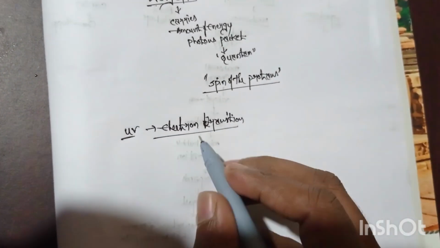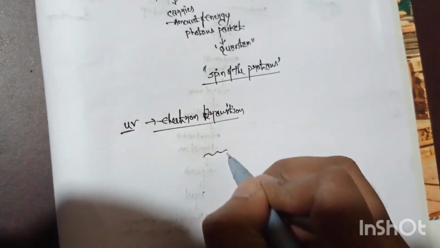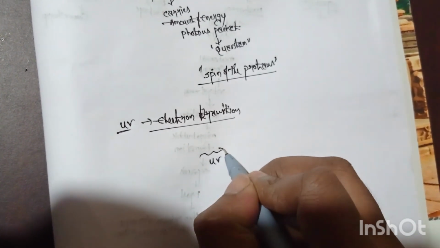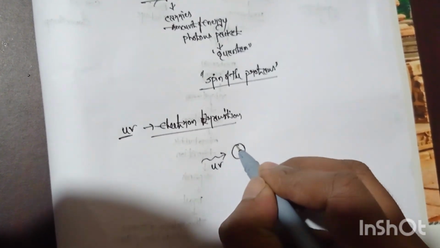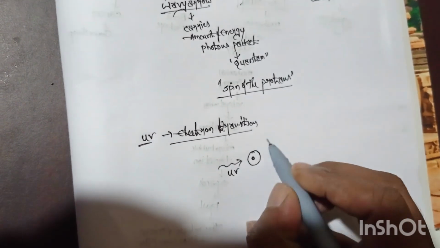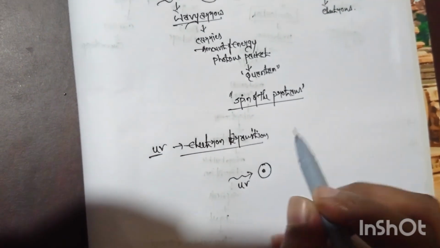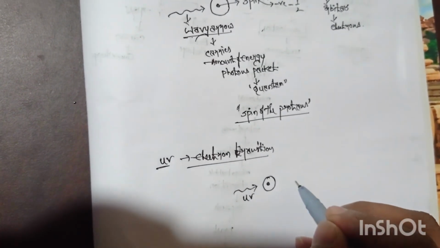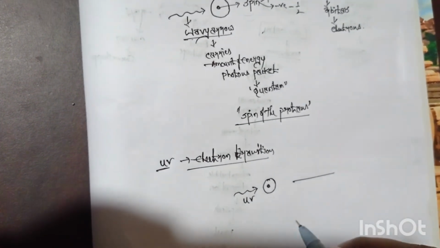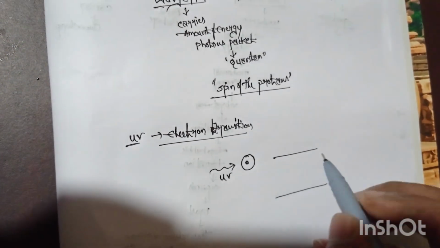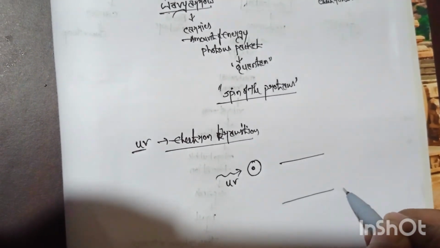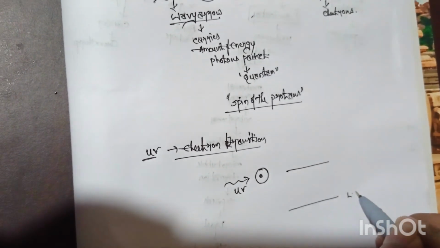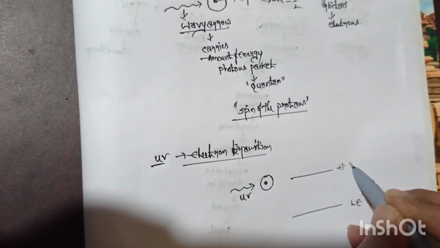Whenever UV rays hit atoms, which contain shells, subshells and orbitals holding electrons, a transition of electrons takes place. Electrons move from a lower energy level to a higher energy level.